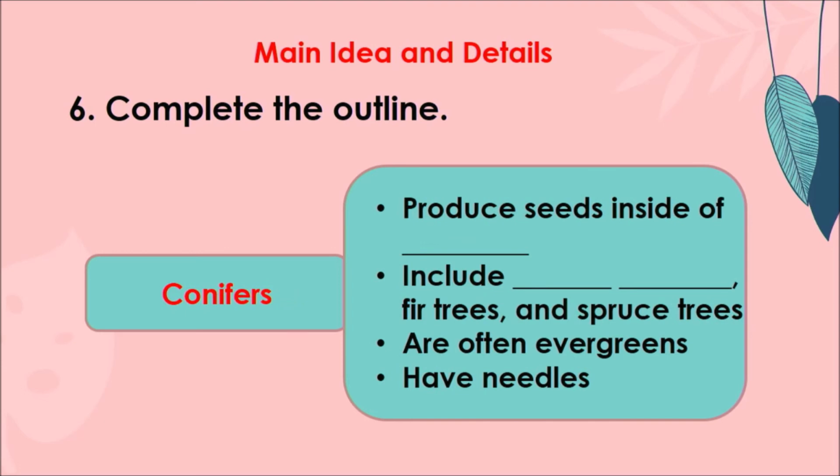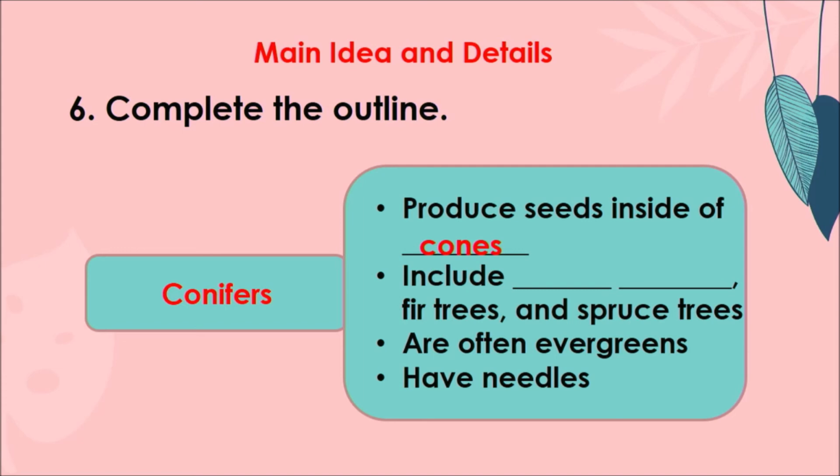Next, under conifers, these are the clues. Produce seeds inside of blank. Include blank, blank, fir trees and spruce trees. Are often evergreens, have needles. So let us answer first the first bullet. Produce seeds inside of cones.